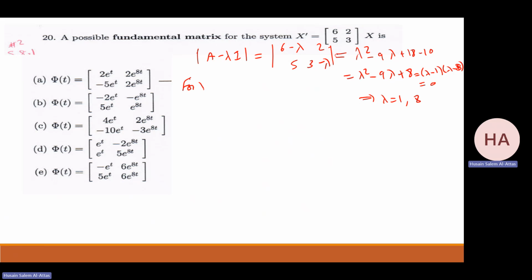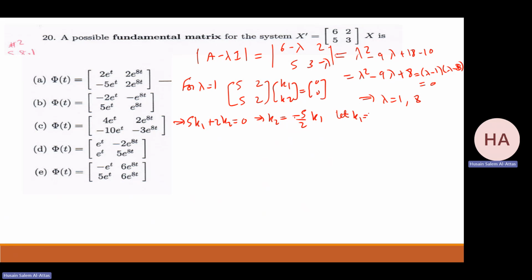Now for lambda equal 1, what are we getting? We are getting 6 minus 1, 5, 2, 5, 2. I have 5k1 plus 2k2 equal 0. So k2 equals minus 5 over 2 k1. Let k1 equal 2.